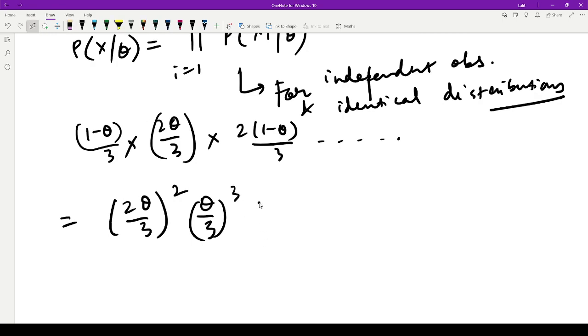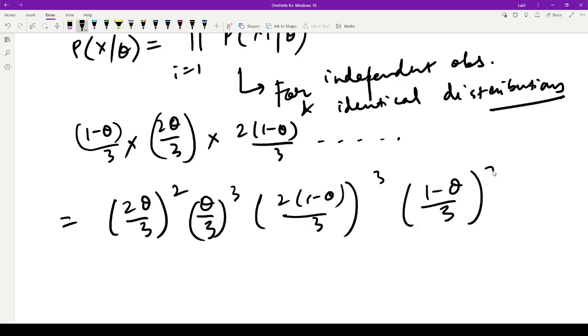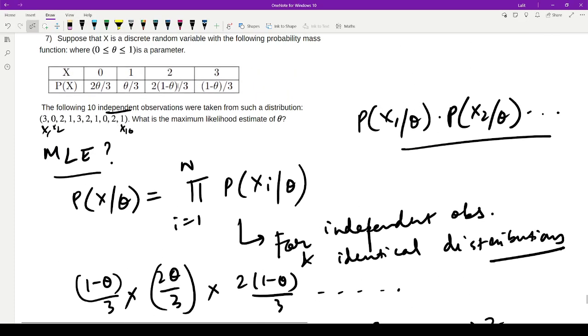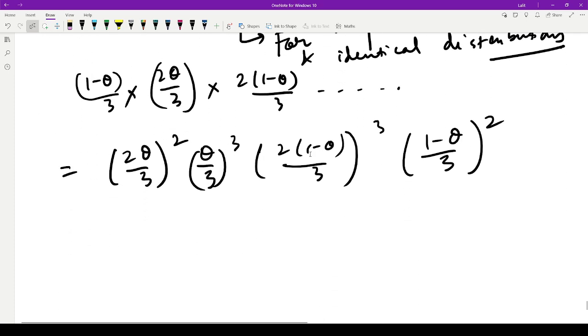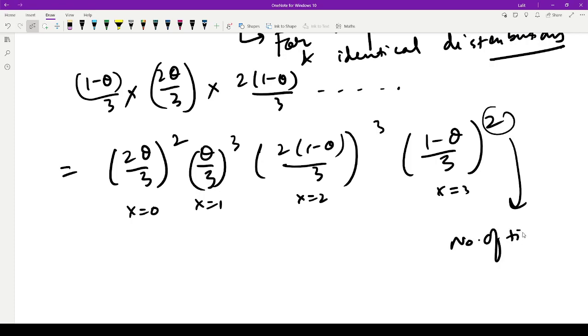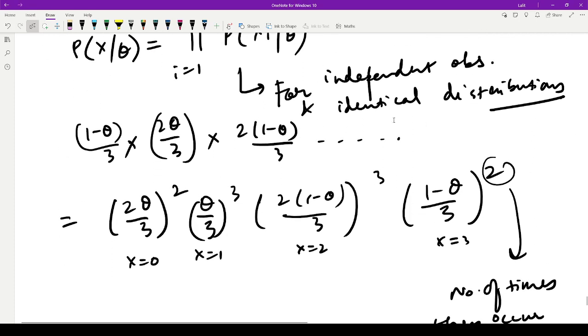And similarly, 2 times (1 minus theta) upon 3 occurs thrice, and (1 minus theta) upon 3 occurs twice. That means 3 occurs twice, that's why I'm writing this 2. So this is for x equals 0, 1, 2, 3, and this is the number of times they occur. Okay, once we have this, we can just solve for this.